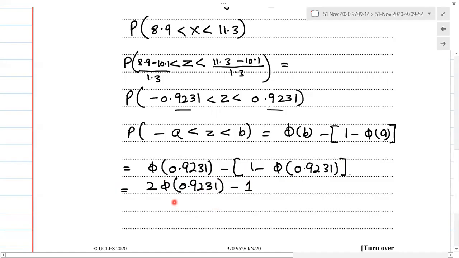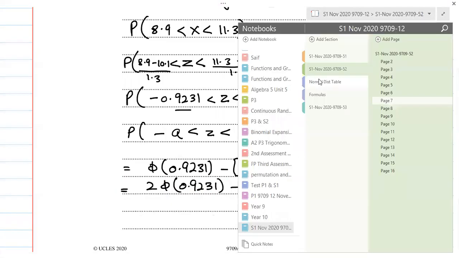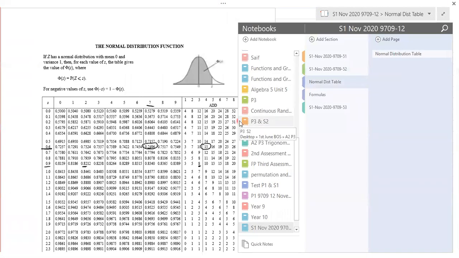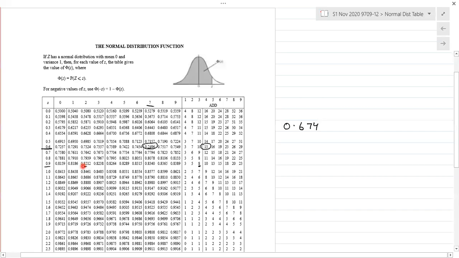Now we look up 0.9231 in the table and see what we get. 0.92, that's right over here, 0.92 and 3.